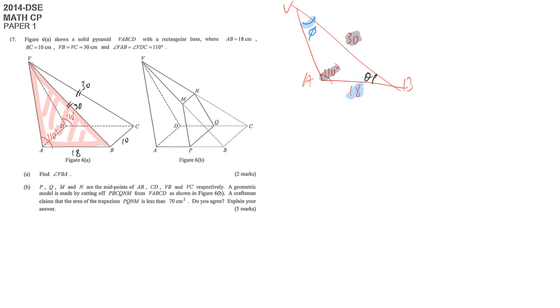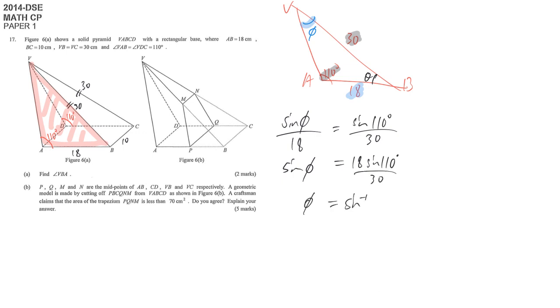So I use the sine formula now. Sine phi over 18 should equal sine 110 degrees divided by 30. So to get phi, we isolate everything to the other side, and then phi is equal to shift sine of this item.